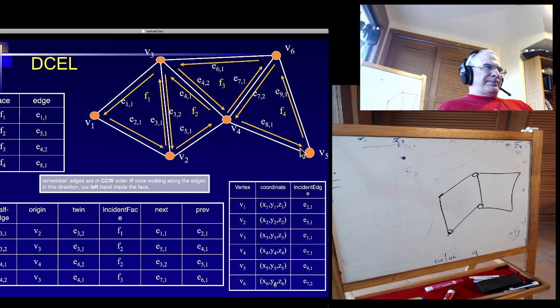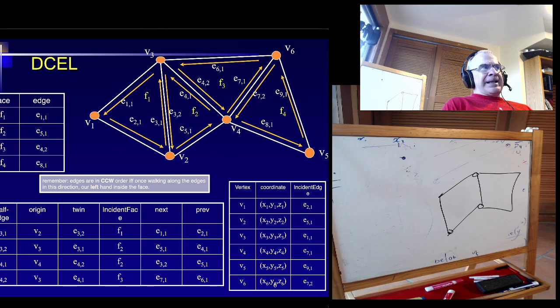I didn't do it in this figure, but if I keep also the edges of the outer face, it will take me back to V4, the twin of A1, and then to the next one, and so on. So in this way, you can go to both sides of each one of the edges that leave V4, and you even get it in a clockwise or counterclockwise way.